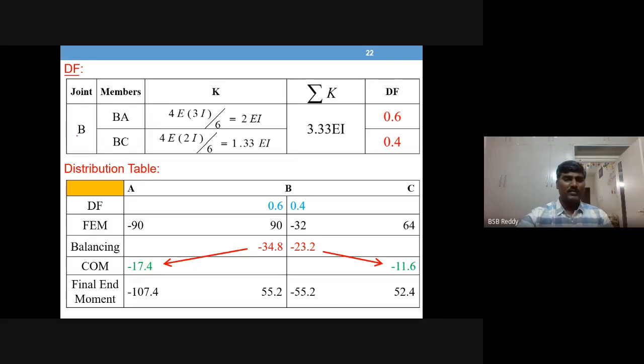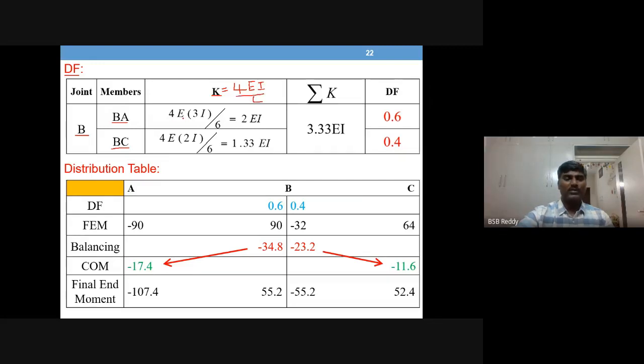First write the joint, then write the members BA and BC. Then go for the K calculation, the stiffness value of BA. 4EI by L is the formula.